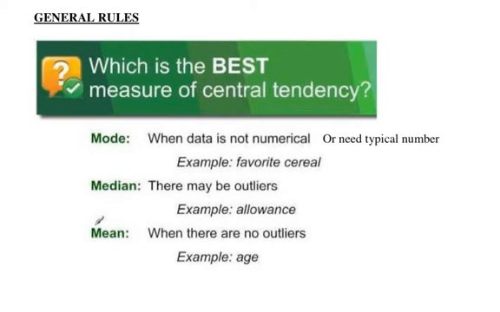The median is good to use over the mean if you have a lot of outliers. So if all your numbers are in the 50s and 60s, and then you have this number over here that's 120, using the median is best in that scenario. And then it's best to use the mean when there are no outliers.